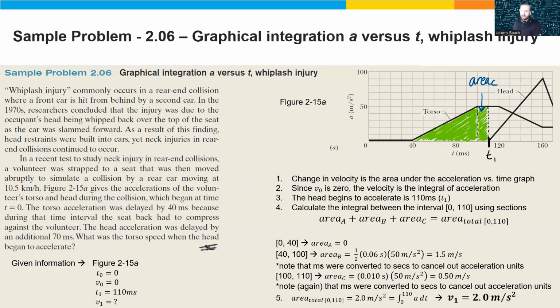The total area between the starting point and 110 milliseconds is 2 meters per second. The units cancel with seconds and seconds squared, and we're left with meters per second. I believe I made a small error there. That should just be meters per second to the power of 1.